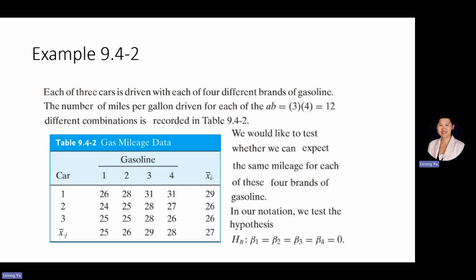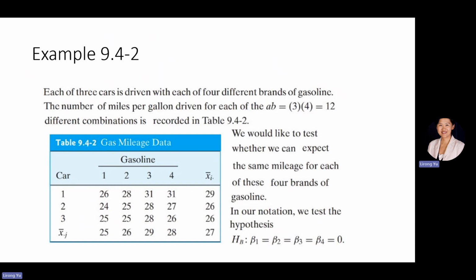If we call A the different cars, right? The degrees of freedom will be the number of cars, 3, so 3 minus 1 is 2. Now the number of gasolines, there are 4 different gasolines, so 4 minus 1, degrees of freedom will be 3.